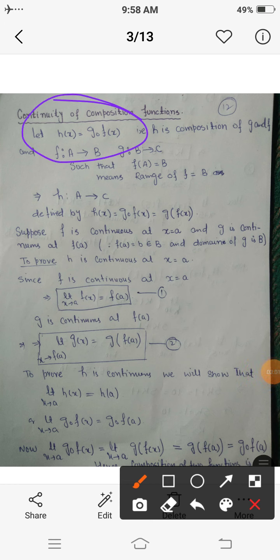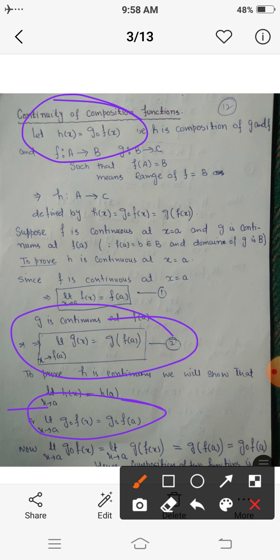So we will prove the limit as x tends to a of (g∘f)(x) equals (g∘f)(a). Now the limit as x tends to a of g of f of x; here from the second, the limit as x tends to f of a of g of x is simply g of f of a.